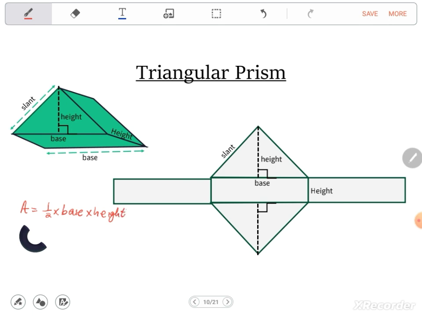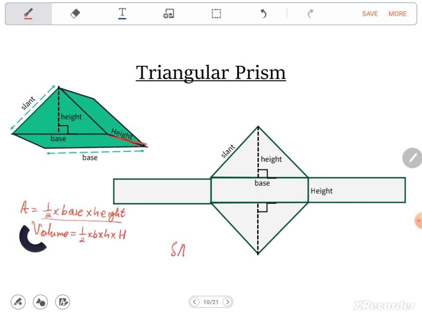But if we are looking for volume, the volume is equal to the area of the base, which is half times base times height. Now we include the height of the prism, which is a capital letter H. So that is how we find the volume.